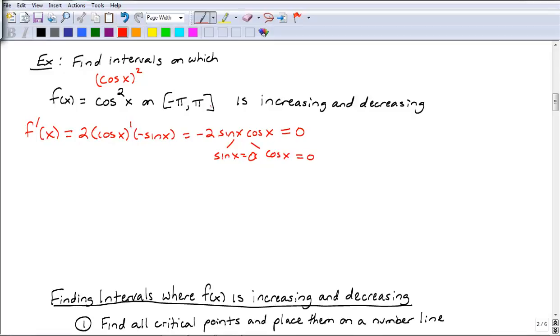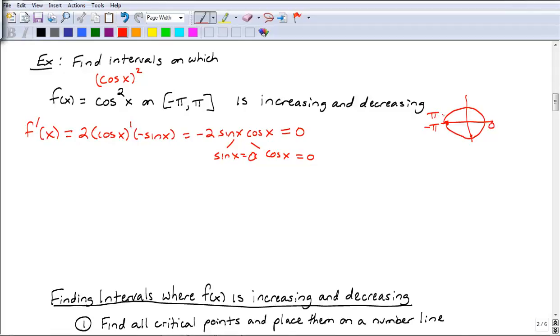Well, this is -pi to pi, so if you think about the unit circle. From -pi to pi, -pi is here, positive pi is here. That's the whole circle. So this is all the places it equals 0, but we got to think about this as negative pi, 0, and pi.